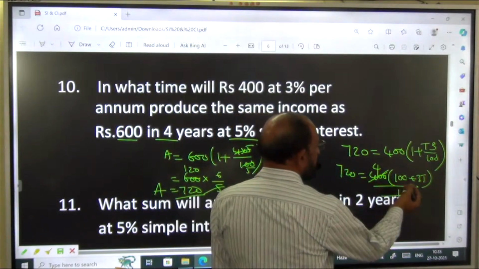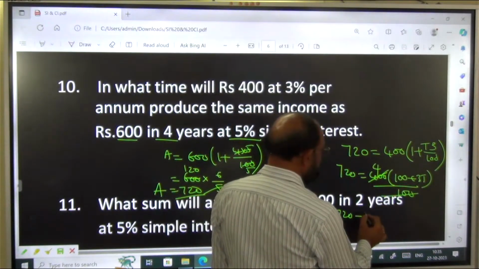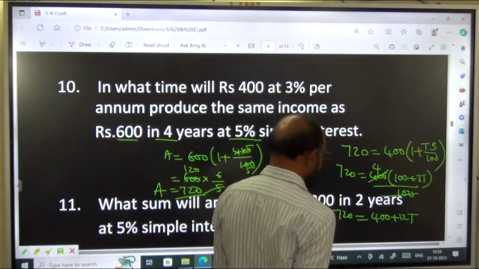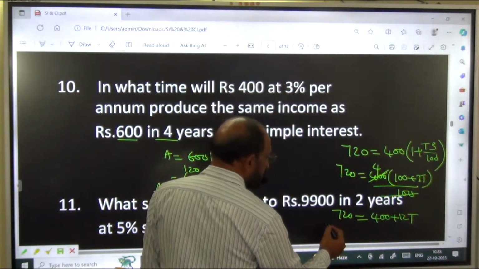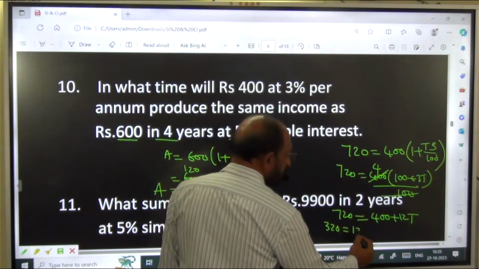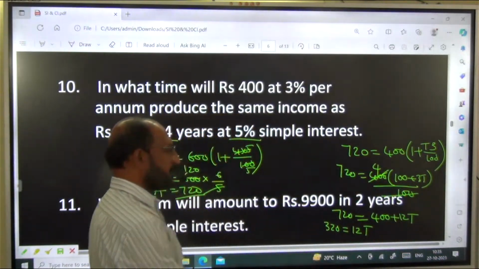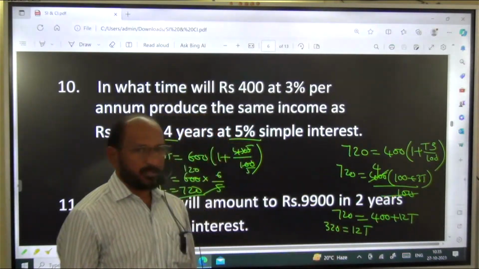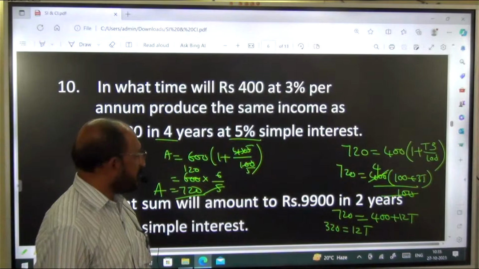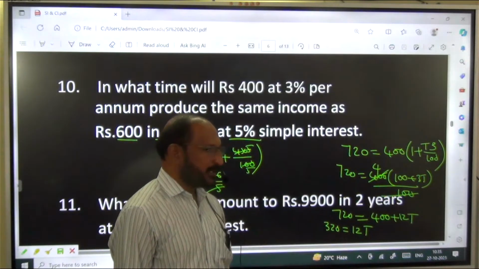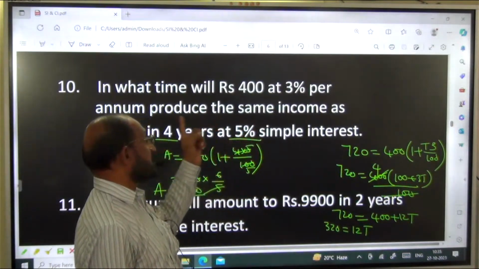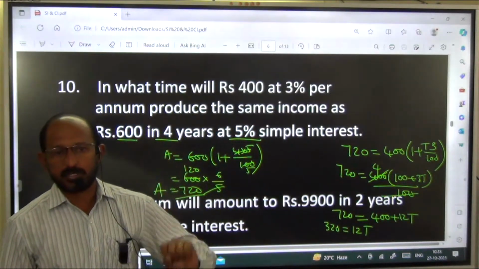So 720 is equal to 400 plus 12t. Then subtract: 720 minus 400, how much? 320 only. 320 is equal to 12t, so 320 by 12 is the time.